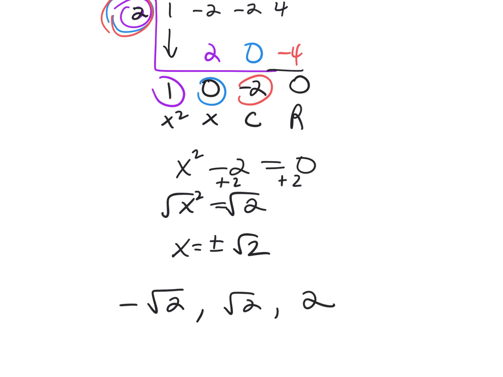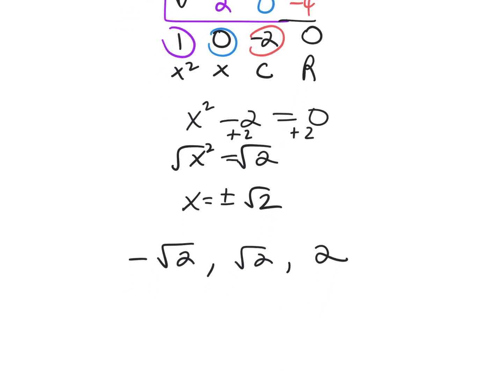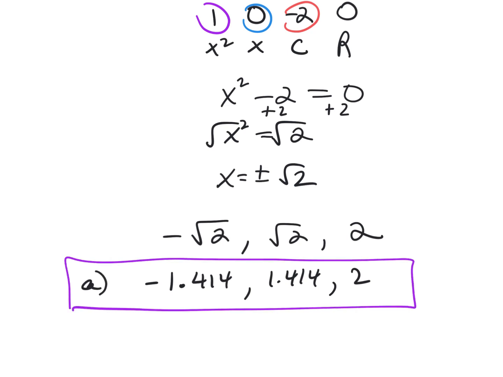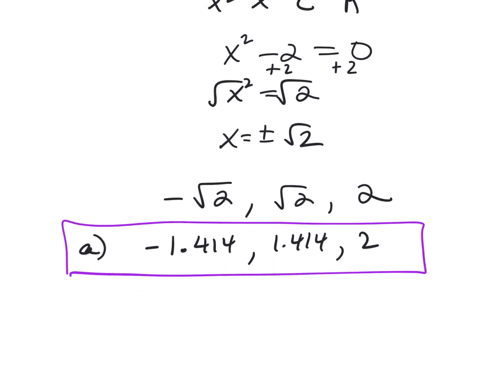These are my x-intercepts. Now, when you key the square root of 2 on your calculator, it's actually 1.414. So this negative square root of 2 is negative 1.414. This is positive, and then 2. So for part A, you're going to key it in as a decimal, and they're going to say round to 3 decimal places. For part B, they want the exact answer, so here you're going to key in just the 2.